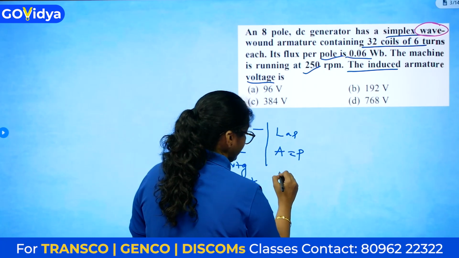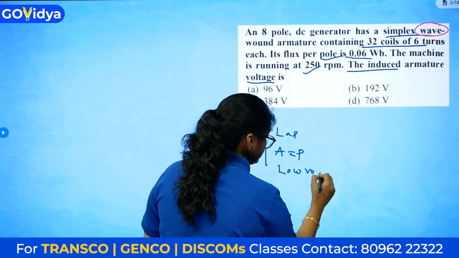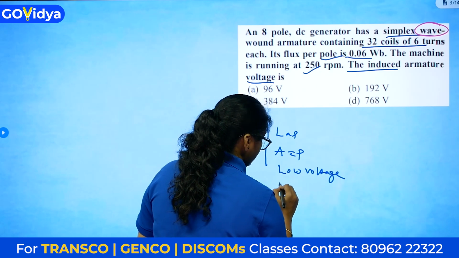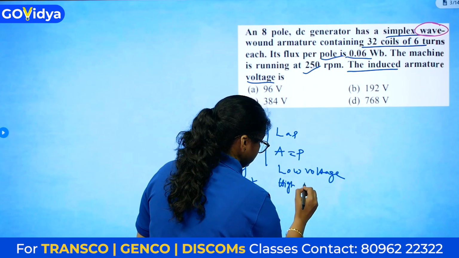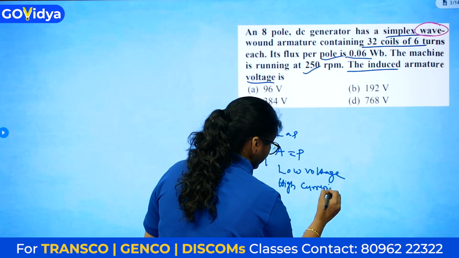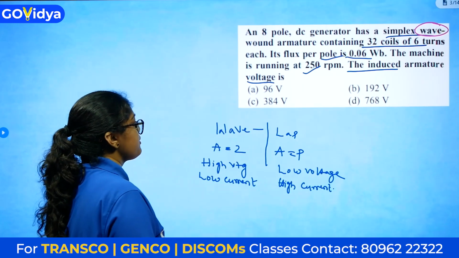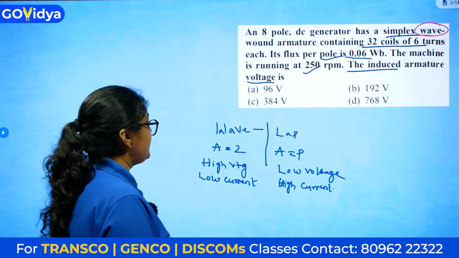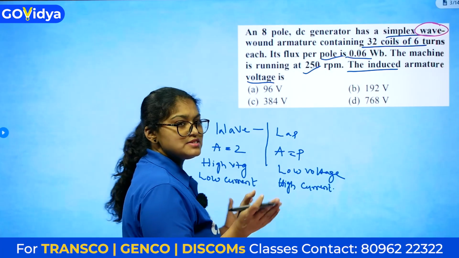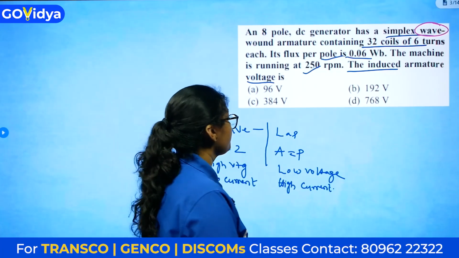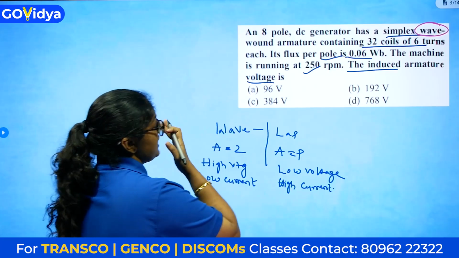Lap winding is used for low voltage, high current. These are some of the basics you have to know about wave and lap winding, and one more important point is that power will be the same whether it is lap or wave winding. So let's solve this problem.